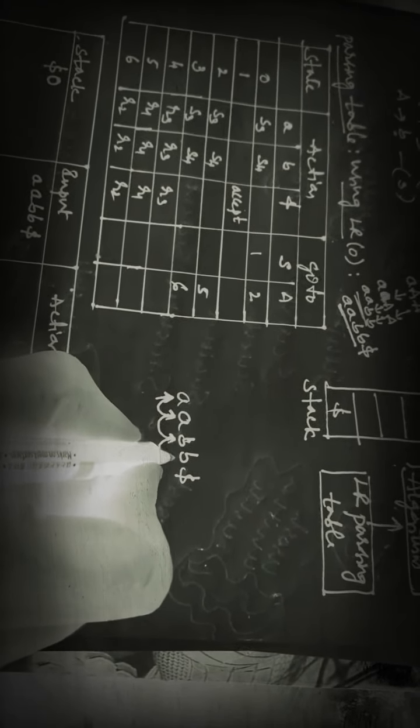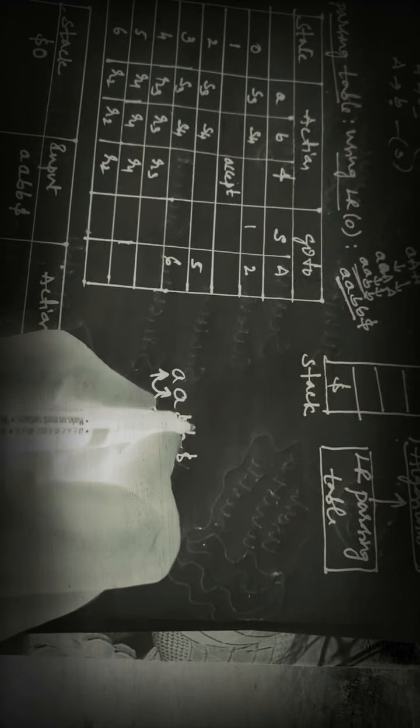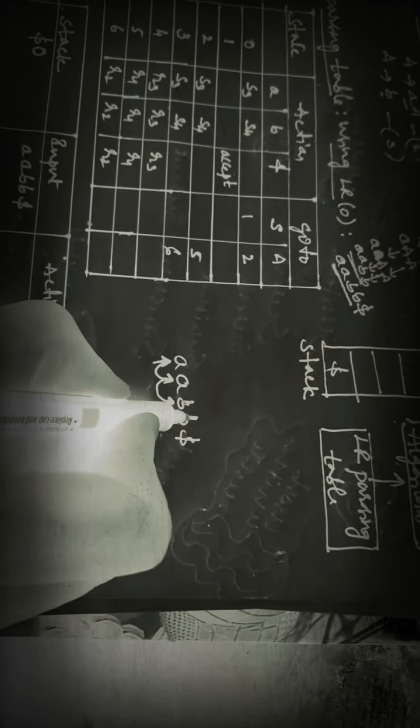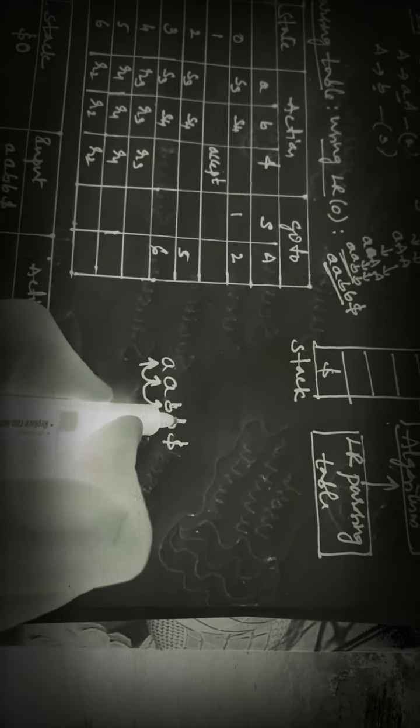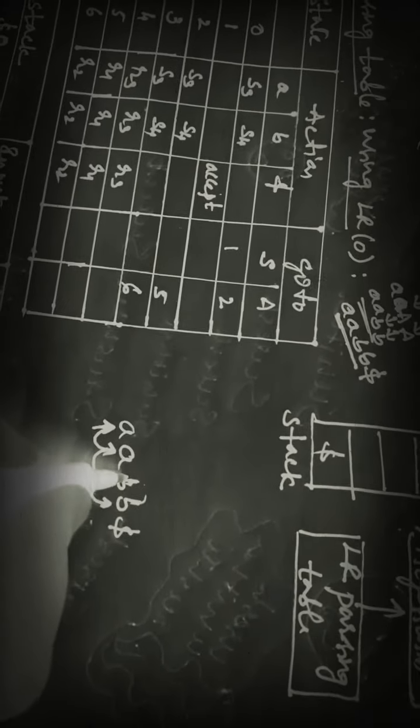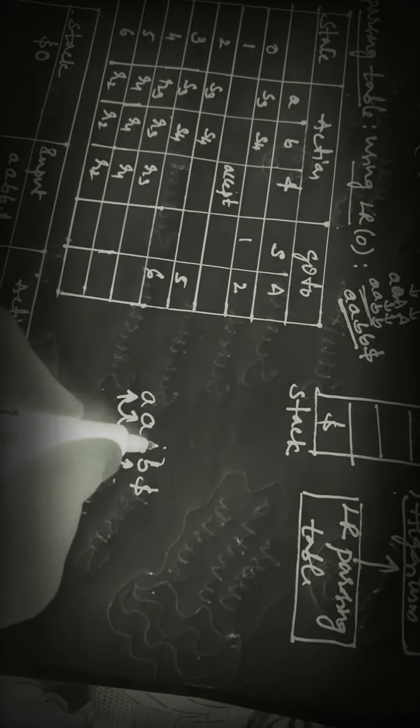Once it reaches the last input symbol in the input buffer, before reading this input symbol, it comes back one step and is going to reduce the previous input symbol.